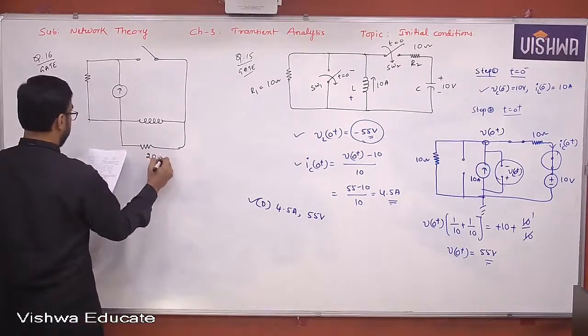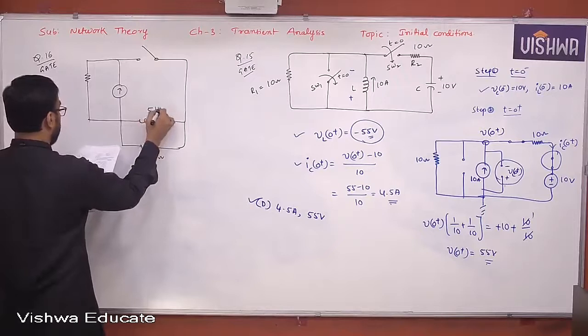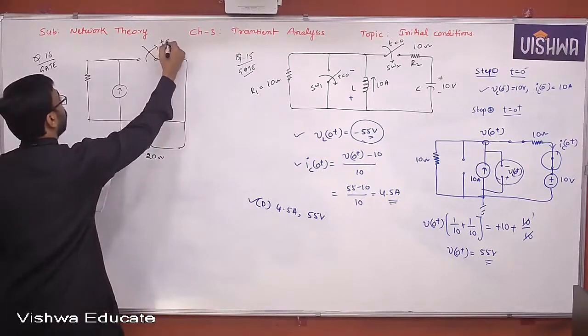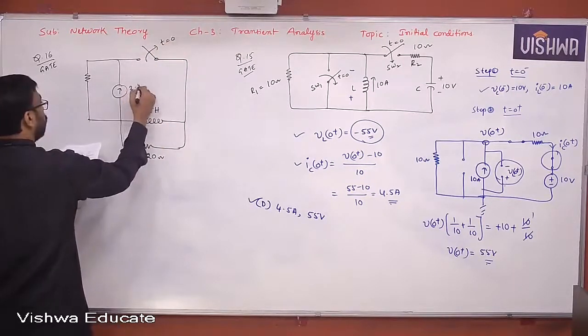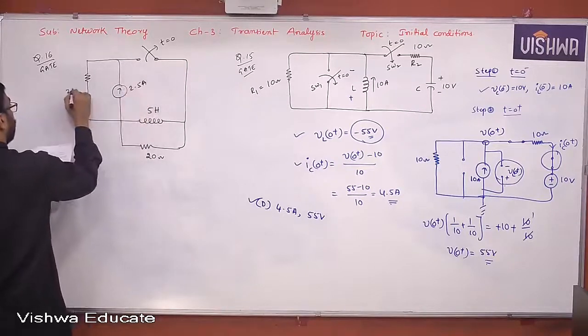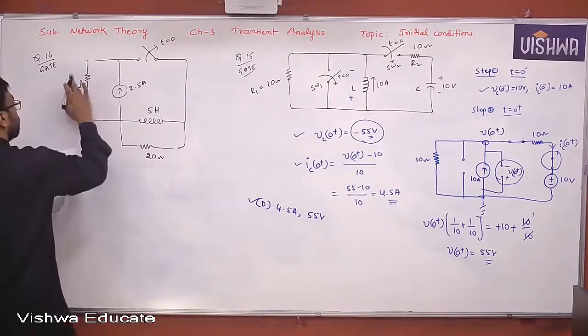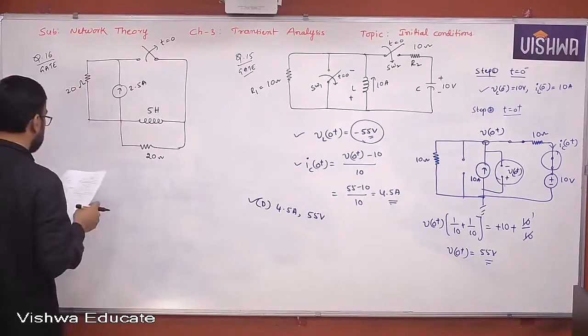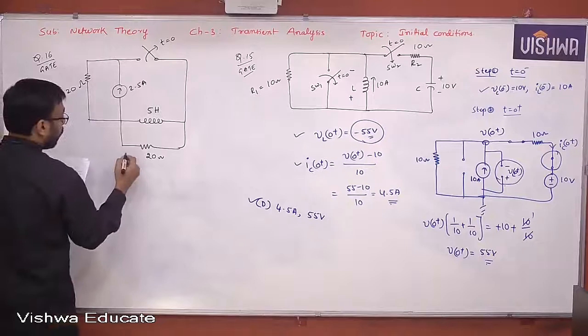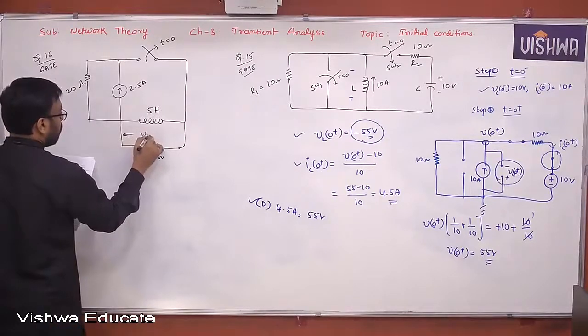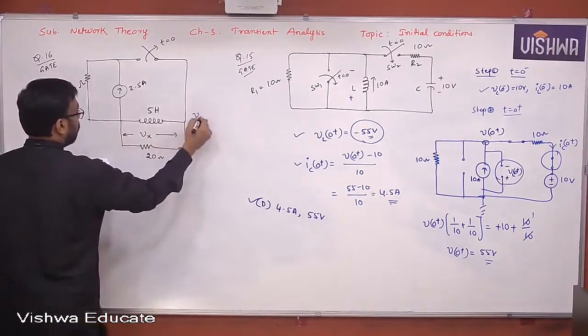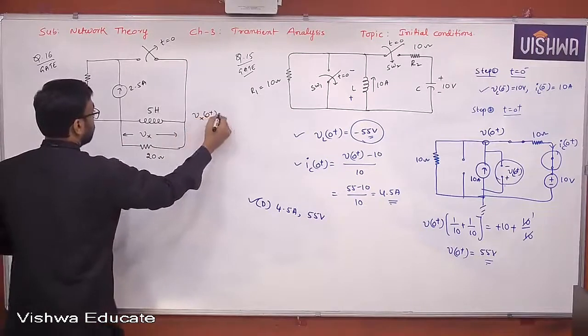20 ohm, 5 Henry, switch is open at T equal to 0, 2.5 ampere, 20 volts, 20 ohm. It's a very simple network. It is also a very simple problem. It's just asking what is Vx of 0 plus.